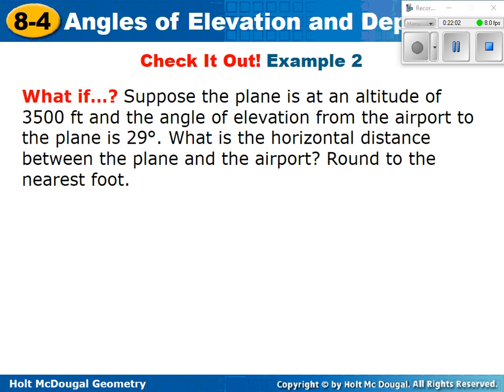Good. Yes, but it wouldn't be this angle that would be 29. It would be the angle from the horizontal down that's 29, which is alternate interior to this angle. I don't know if that makes sense.